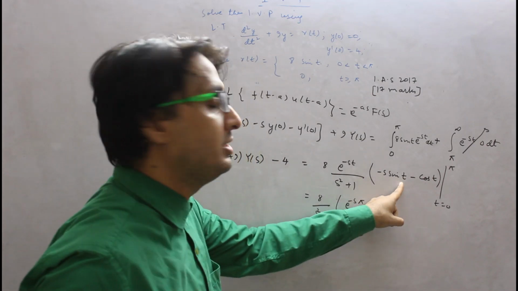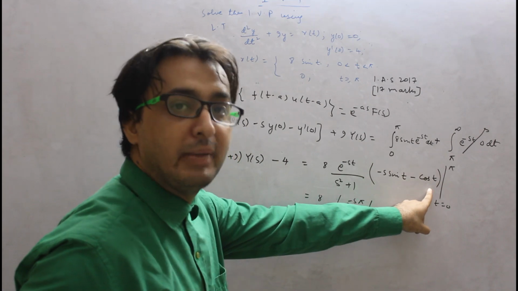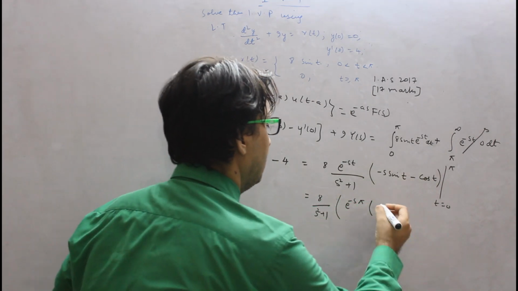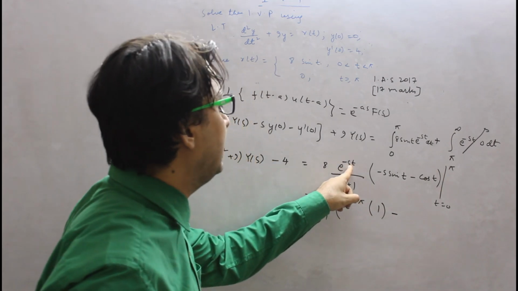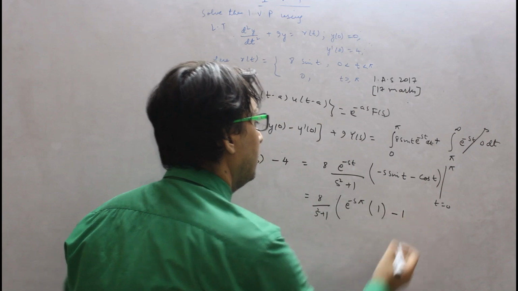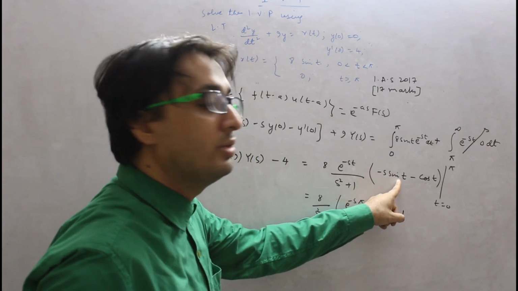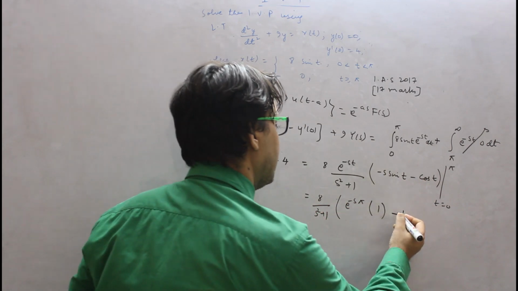So sin pi is 0, so this gets cancelled. Minus cos pi is minus 1, so minus minus becomes 1. Minus of e to the power minus 0 is 1, so that will be 1. Sin 0 is 0, cos 0 is 1, so minus minus becomes again plus.